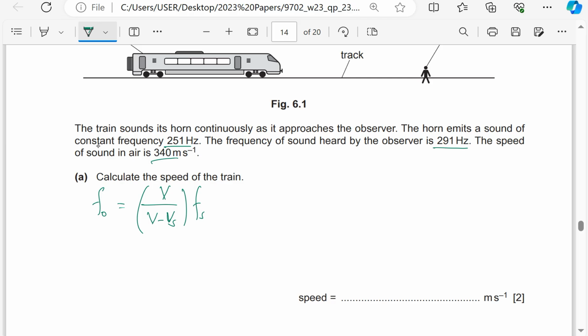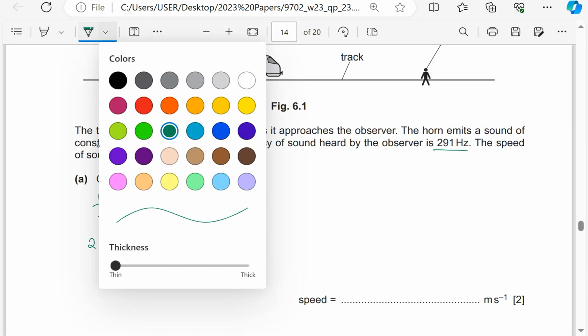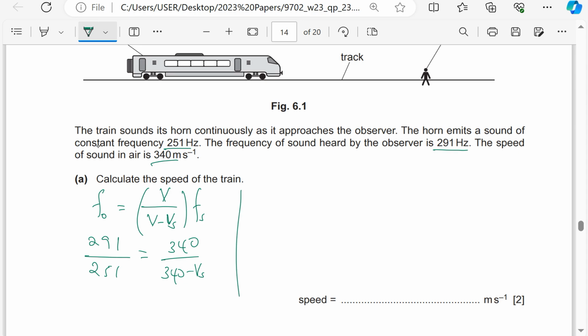So if I substitute, I'm going to divide f0 by fs, so that is 291 divided by fs, which is 251, should be equal to v, which is 340, divided by 340 minus vs. So I will just cross multiply.